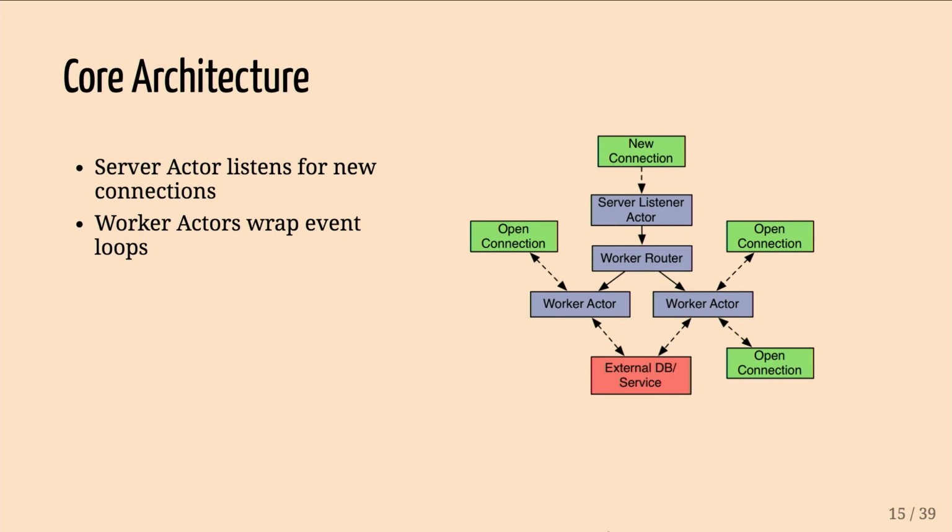So this is a very rough overview of what the core architecture looks like. Like I said, Colossus is built on both NIO and Akka. And the way this works is, at the very lowest level, we're letting NIO do all of this event management and event processing, but all of these event loops are wrapped inside of Akka actors. So you can see here that we have two main actors at play. We have a server actor, which is the actor that actually opens your socket and listens for new connections.